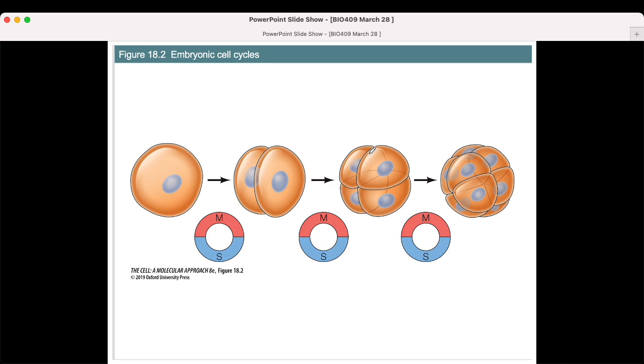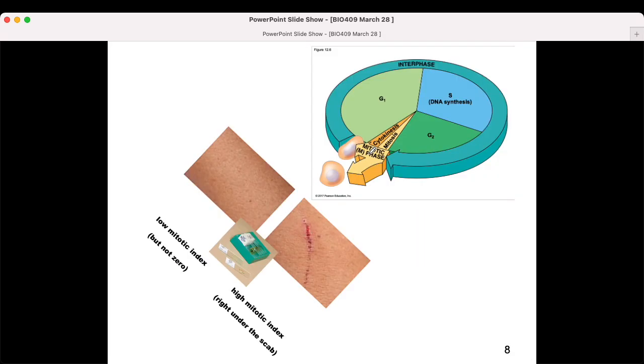And there's more to say about that, but yes, they just go cranking through them. And during that time, the embryo stays the same size as the original egg, like you said. It's not growing at all. It's just quickly dividing the one fertilized egg cell into many smaller and smaller cells. Okay. So just some more information about that.